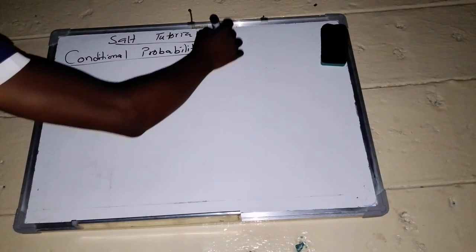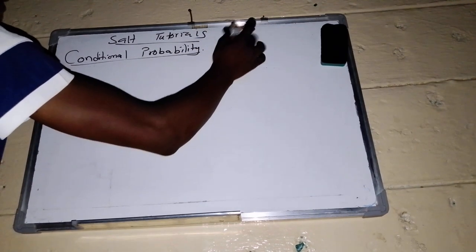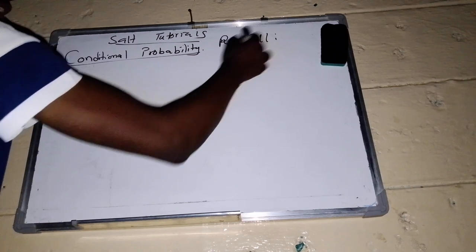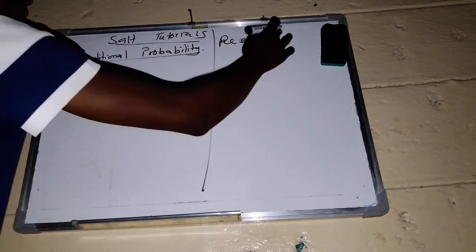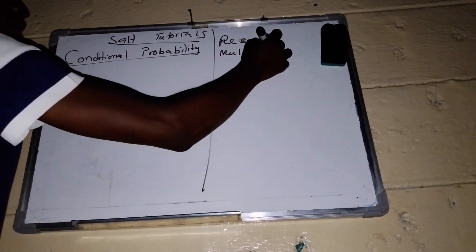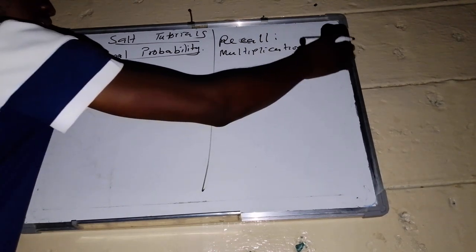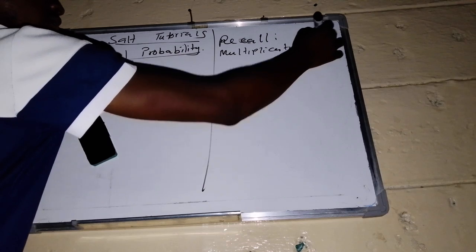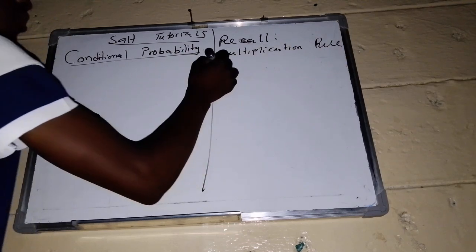Now I want just a recap concerning the multiplication rule in probability. Remember, I'm sure you can recall, under the multiplication rule, we considered two cases.